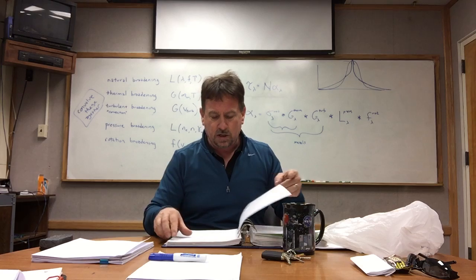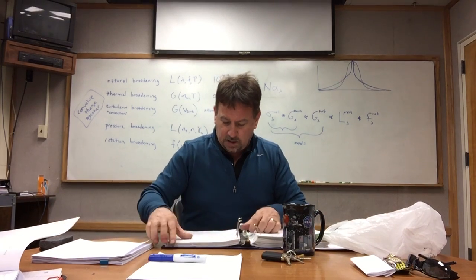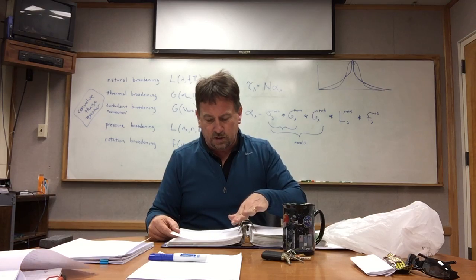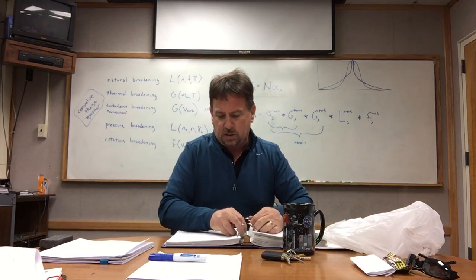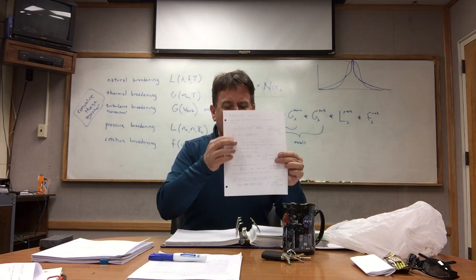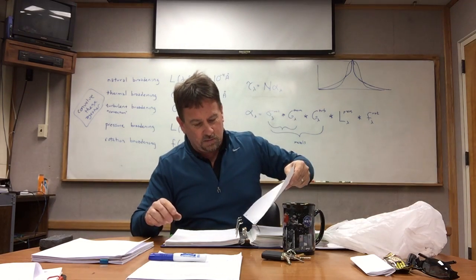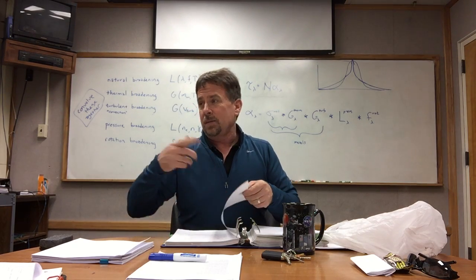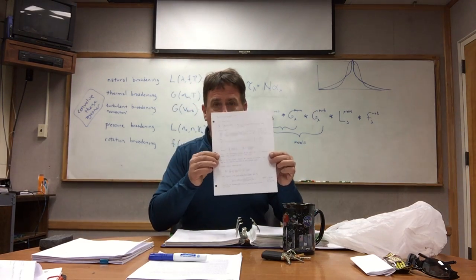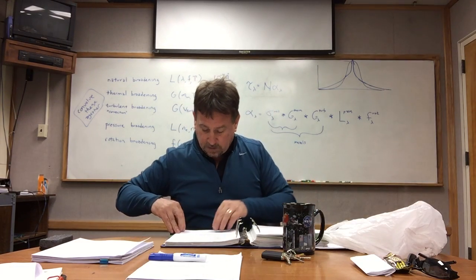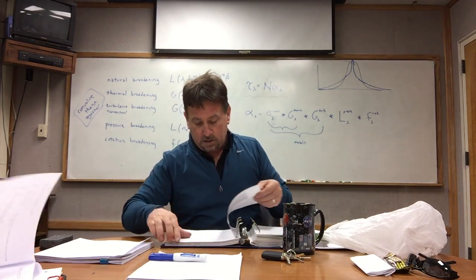If you turn the page, here is the full-blown oscillator strength for hydrogenic atoms. So if you want to look at the formalism, here it is. It's all in my typed up LaTeX notes now, so I don't want to go through all that again.